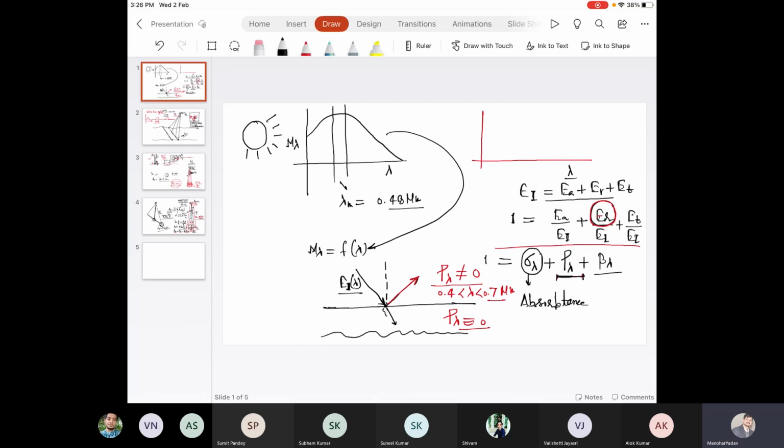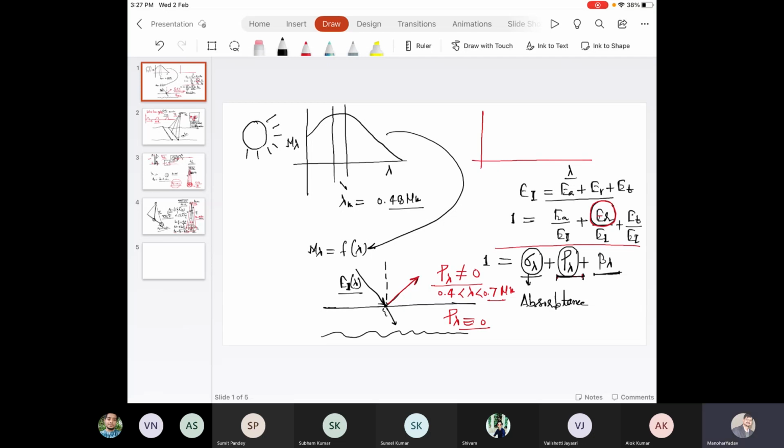When reflectance is equal to 0, the addition of these two will be equal to 1. This happens for wavelengths outside the 0.4 to 0.7 micrometer bracket. Outside the visible spectrum, towards the higher wavelengths, the water body completely absorbs the energy.